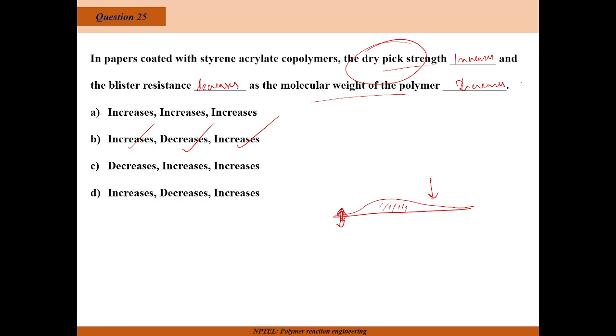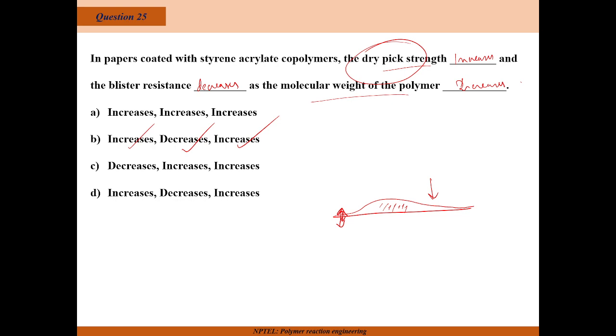In that case, the formation of blisters will be much higher. We use normal paints instead of metallic paints on metal surfaces. So that again deals with the peel strength between that material and the paint.